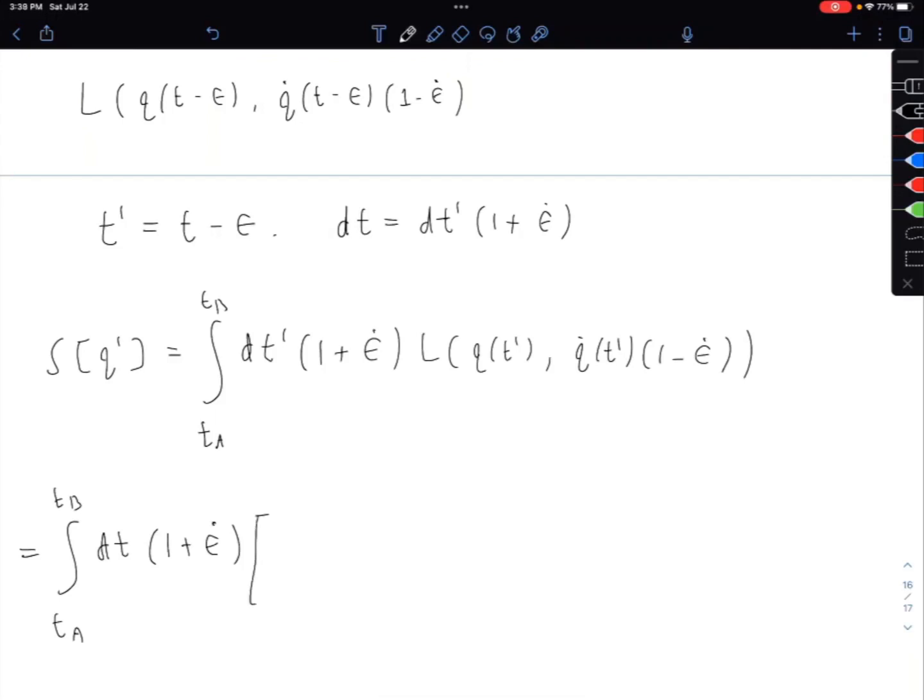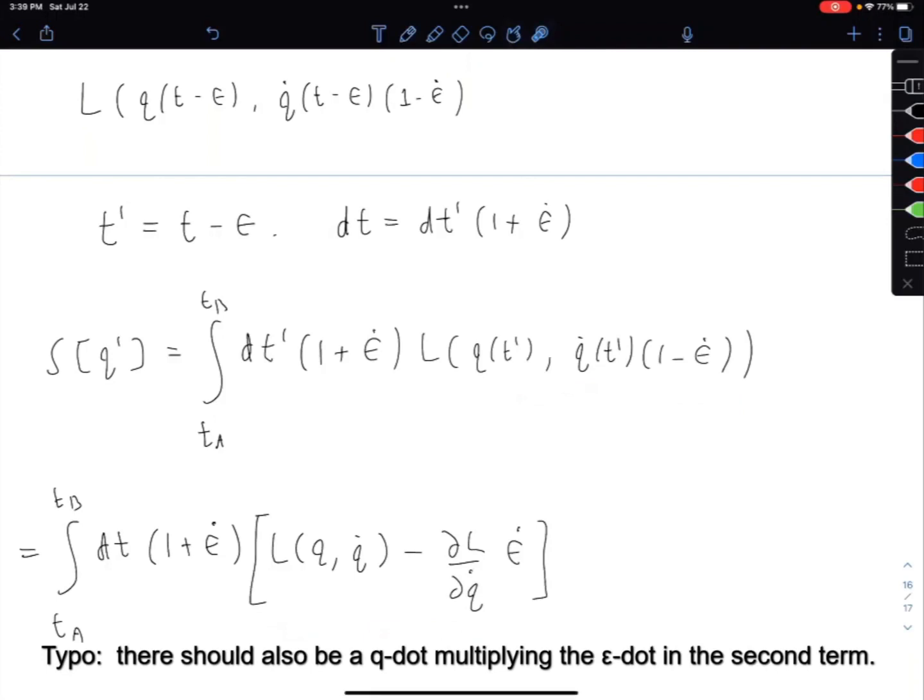And then here, I will have L of Q, Q dot minus dL/dQ dot times epsilon dot. This thing in brackets is just Taylor expanding this.